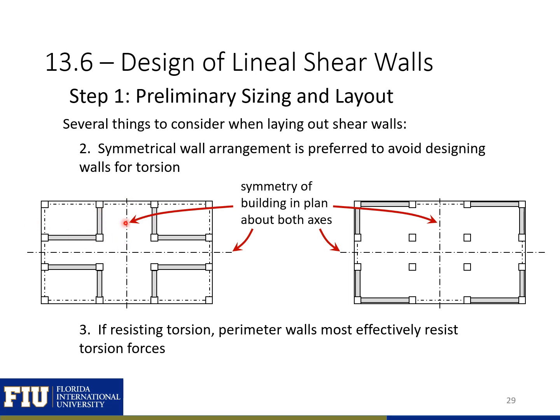So here you can see the walls, and in both cases you have a symmetrical layout. Next, if you are resisting torsion, then perimeter walls are the most effective at resisting these torsional forces. So if for some reason you do have torsion on your building, you'd want to put your walls around the outside of the building to be most effective at resisting these torsional forces.